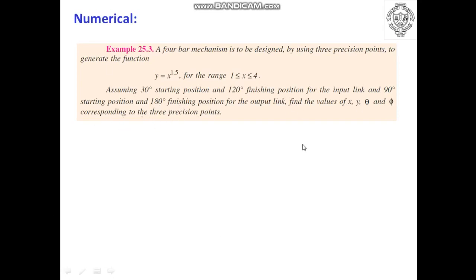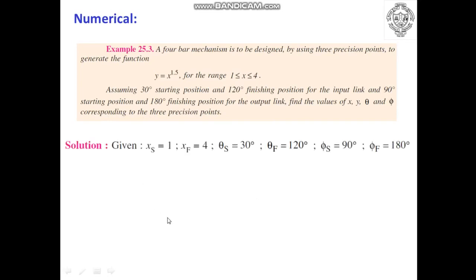So this is a numerical which has to be solved using the approach we studied in the previous slides. As I already said, since the range of x starts from 1, xs is considered as 1, xf as 4, theta s as 30, theta f as 120, phi s as 90, phi f as 180.